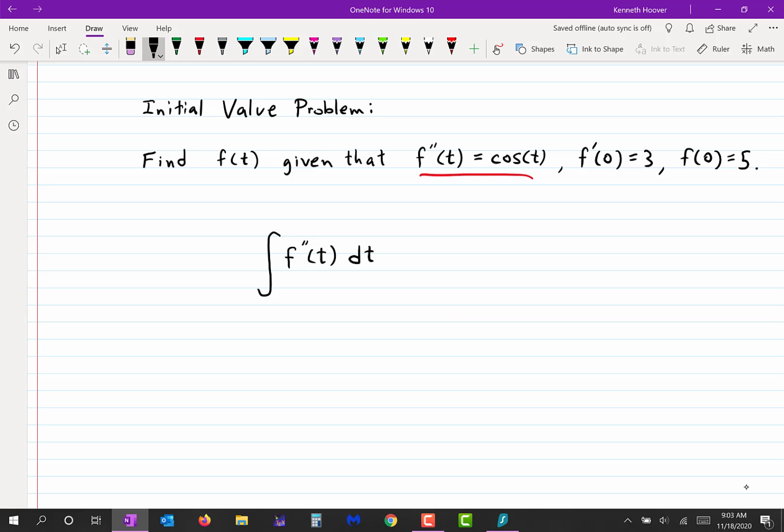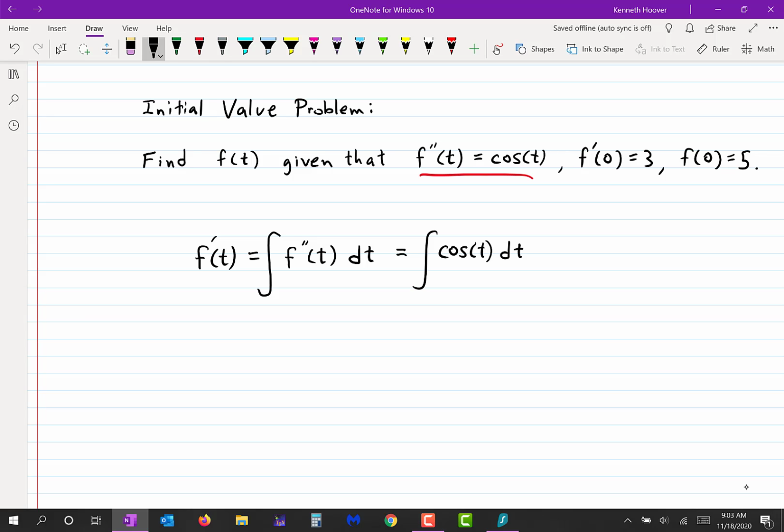Remember that an integral is just a backwards derivative. So the integral of the second derivative should take me back to the first derivative. So f prime of t is the integral of f double prime. They told me f double prime is cosine, so that's the integral of cosine of t.